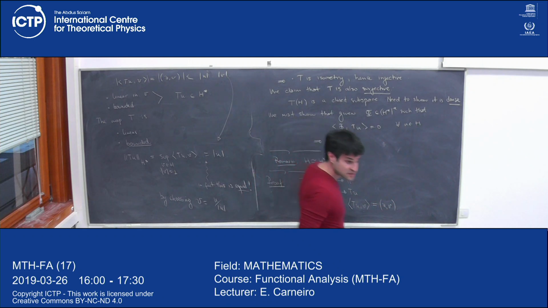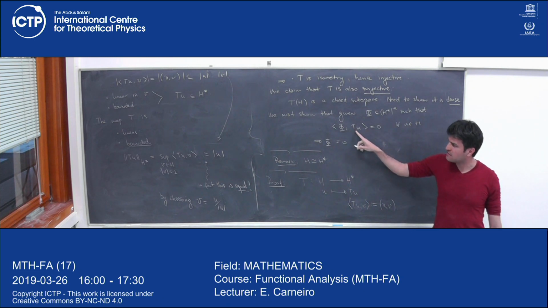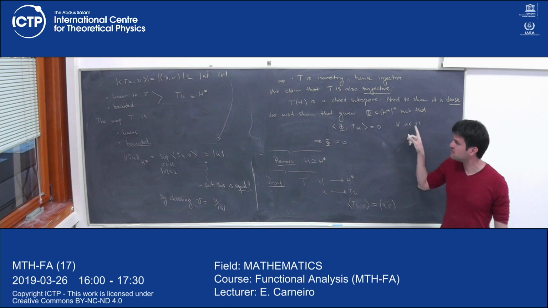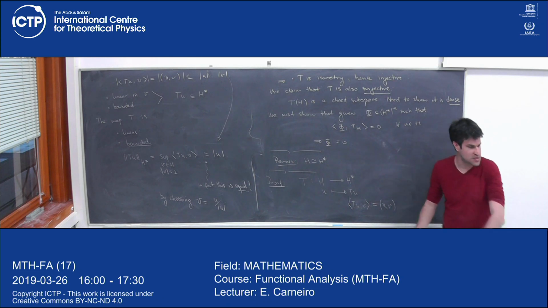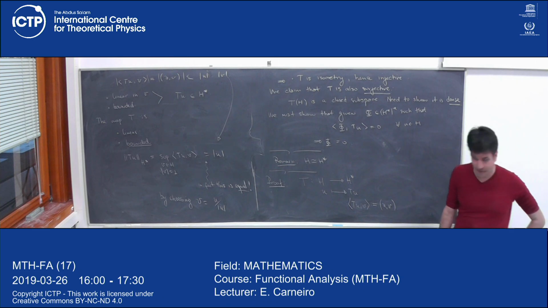Take an element of the dual and act on everyone in the subspace. If this is zero for everybody in the subspace, then your functional has to be zero. This is like saying: if the scalar product of u and v equals 0 for every v, then u must be the zero vector.